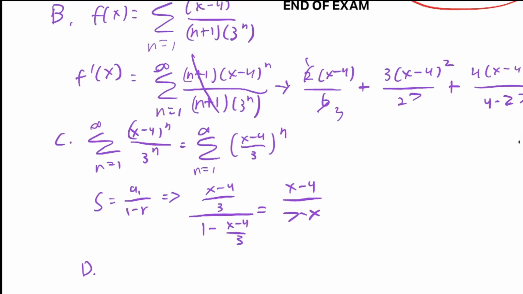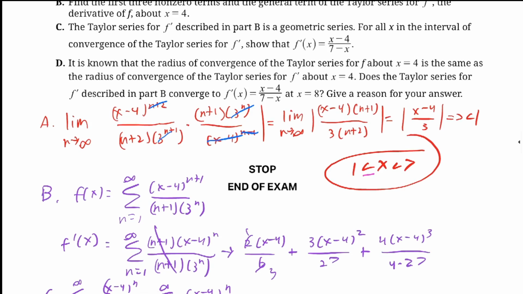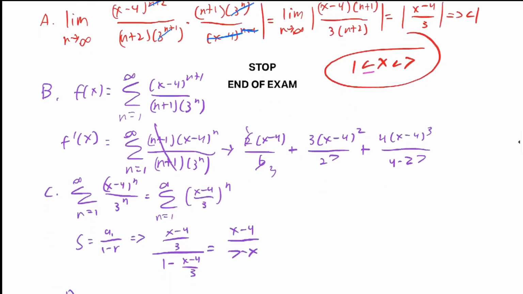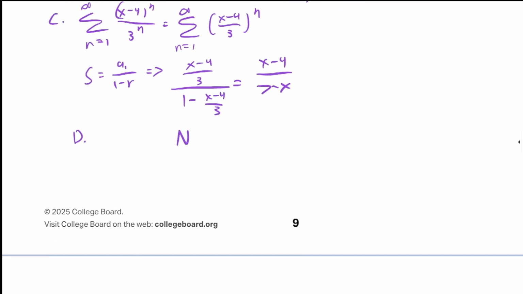And for part D, it is known that the radius of convergence of the Taylor series for f is the same as the radius of convergence for the Taylor series of f prime. Does the Taylor series for f prime converge to f prime of x at x equals 8? Well, you can argue two reasons here. The answer is no, absolutely not.